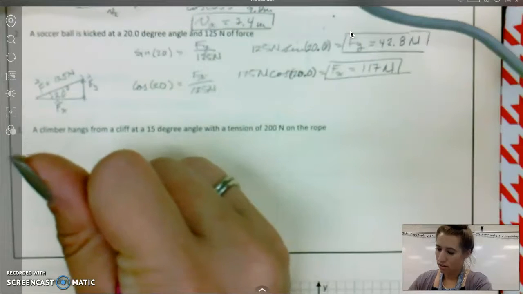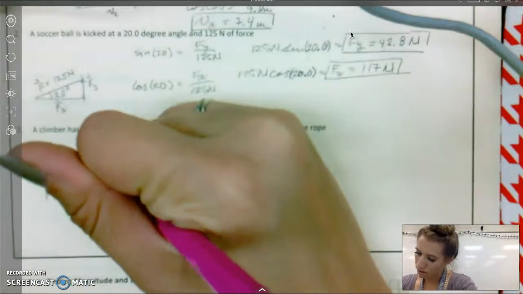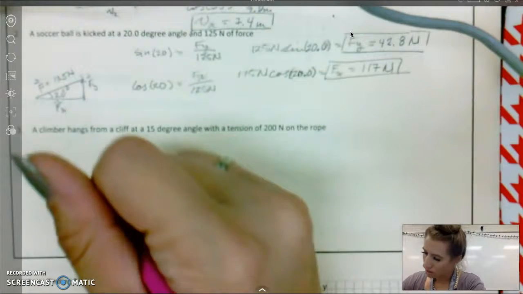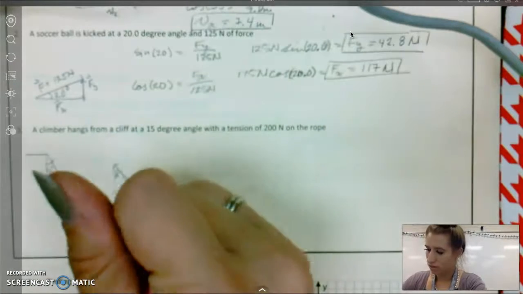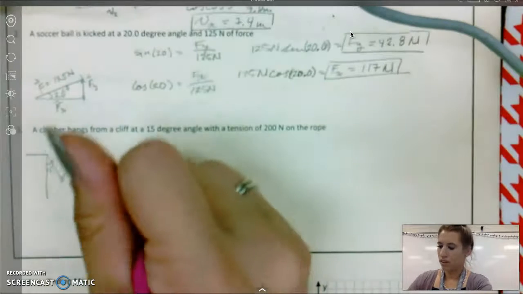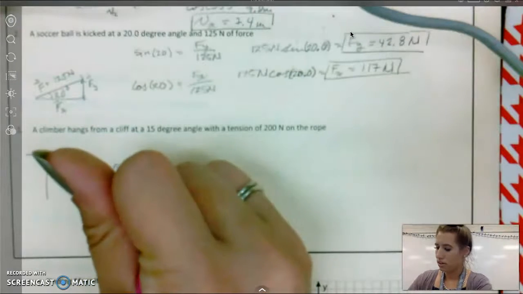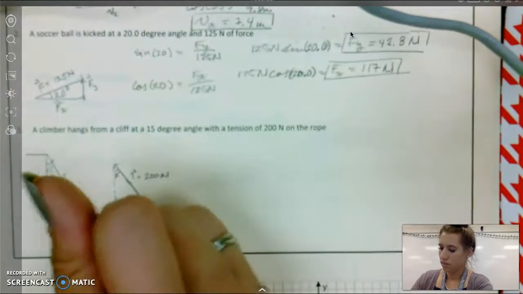This angle is 15. Let me draw this a little bit bigger. Okay, so that's 15. Let's call it a tension vector, and its magnitude is 200 newtons.